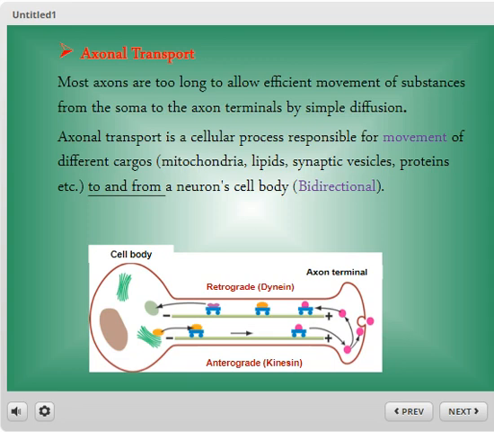When the cargoes move from the cell body to axon terminal, this movement is named anterograde.